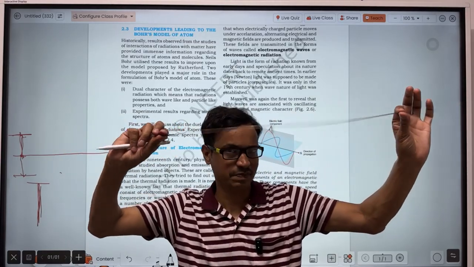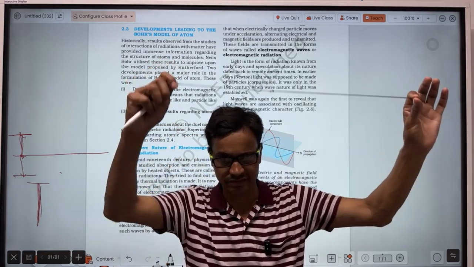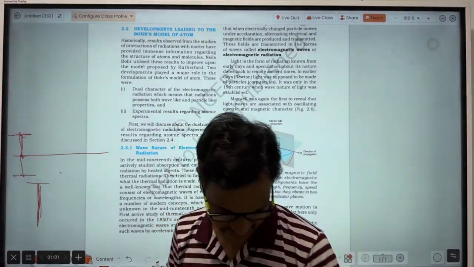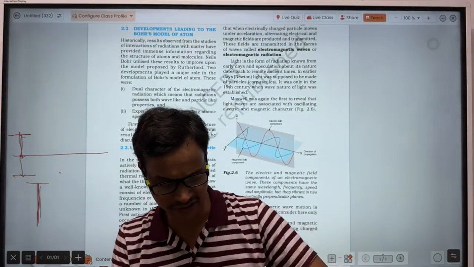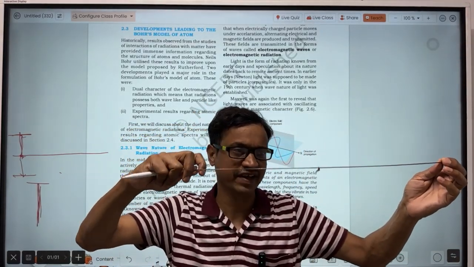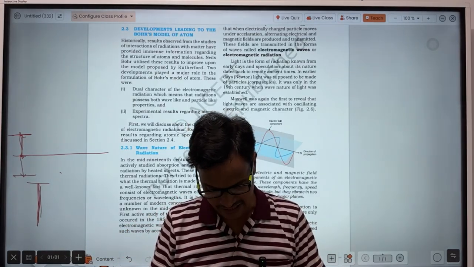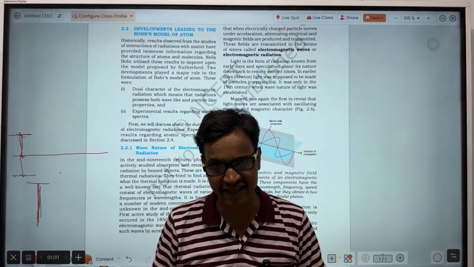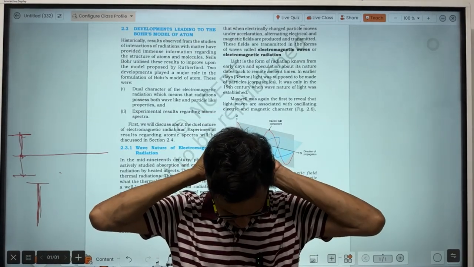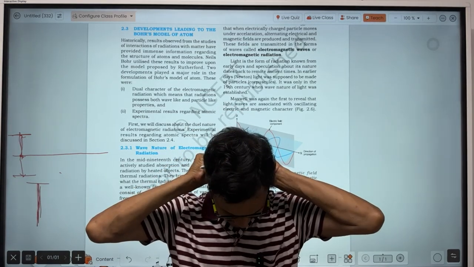The particles oscillate above and below, perpendicular to the direction of the wave. The maximum point to which these particles can go above and below is called the amplitude of the wave.